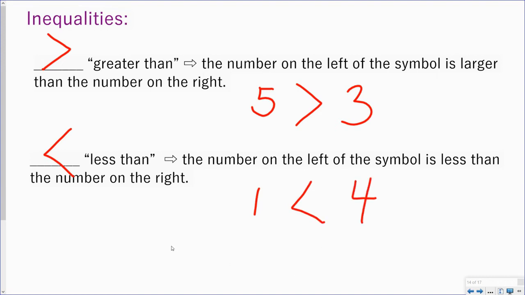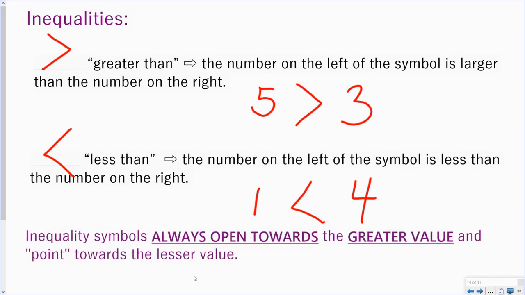And just a general reminder is that an inequality symbol always opens towards the greater value and points towards the lesser value. So as you can see here, it's opening towards the 5, and the point is to the 3. Here it is opening towards the 4, and it is pointing to the 1.